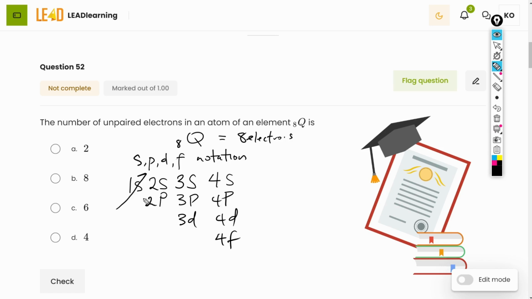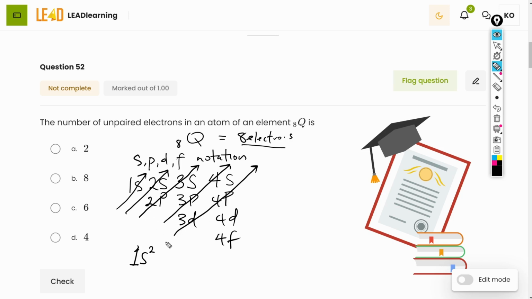1s is the orbital with the lowest energy level, followed by 2s, then 2p, then 3s, then 3p, then 4s, and it goes like that. So let's look at this configuration. 8 electrons. The first orbital with the lowest energy level is the 1s, and s can take a maximum of 2 electrons, so we're left with just 6 electrons now.